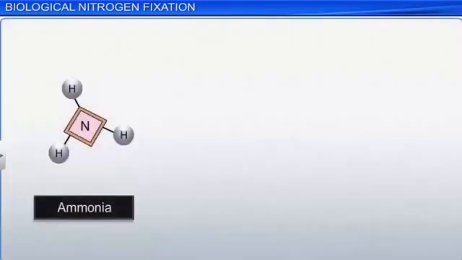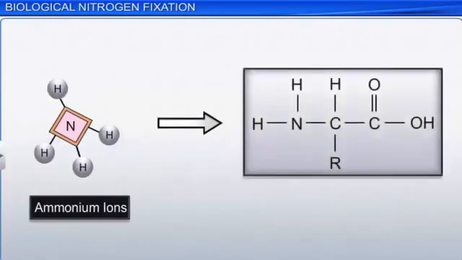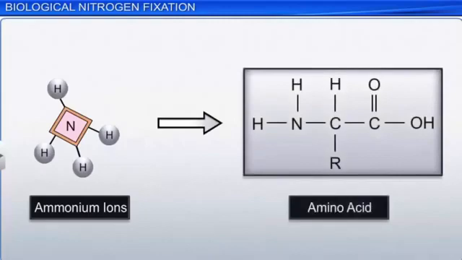In physiological pH conditions of the plant, ammonia molecules take up protons to form ammonium or NH4+ ions that are channelized and used in the synthesis of amino acids. The ammonium ion ultimately forms the amine group of the amino acid.